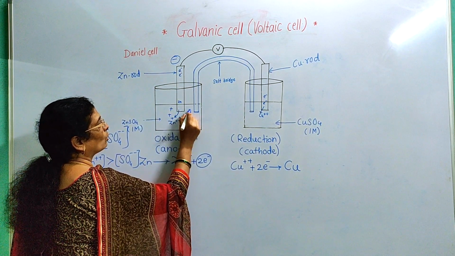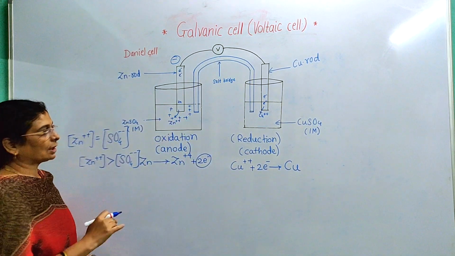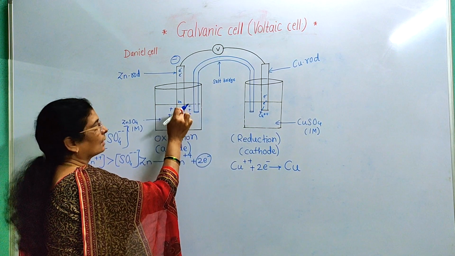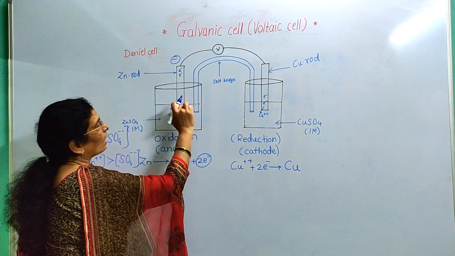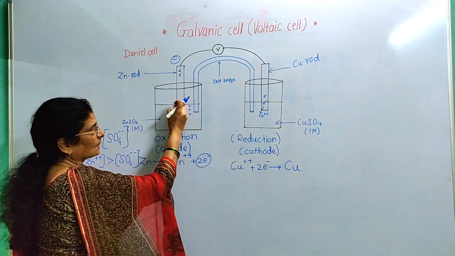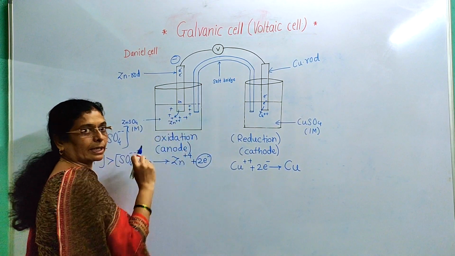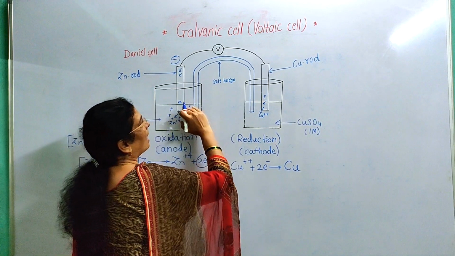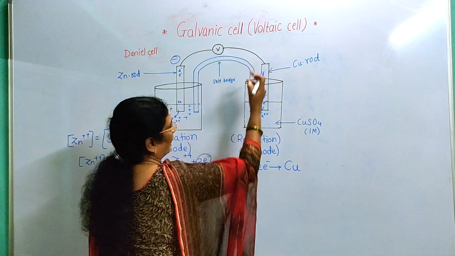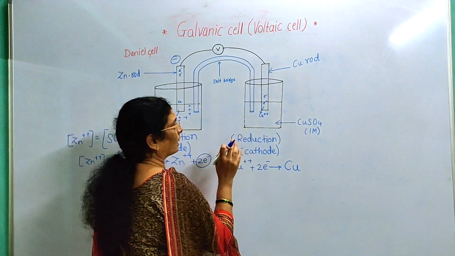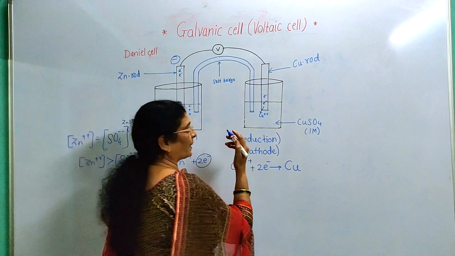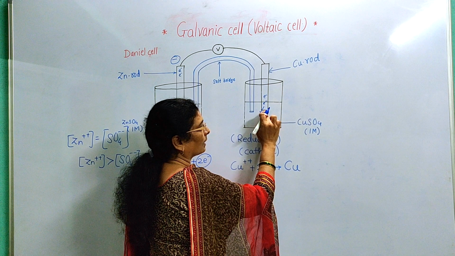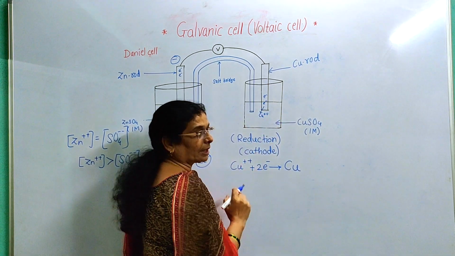When the solution becomes positively charged and the electrons are lost by the Zn atoms, these electrons will not move away from this Zn rod, because this positively charged solution will attract these electrons. Now again, suppose 1 or 2 electrons pass through this metallic wire and go towards this copper rod. Here in the copper electrode, what happens? I have said that Cu++ ions from the solution are converted into Cu atoms by accepting the electrons.